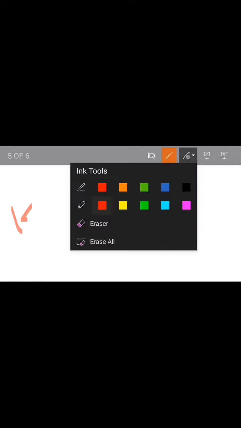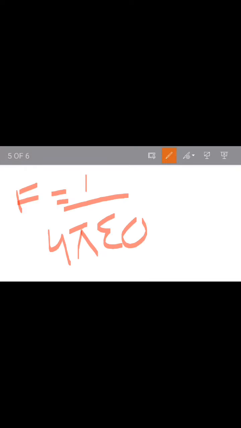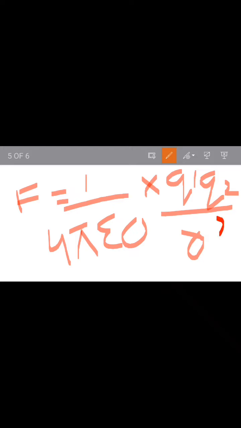And if you want to put the value of k in this equation, we know that k is equal to 1 upon 4 pi epsilon naught. So let's just put that value: Q1 Q2 upon 4 pi epsilon naught R square.